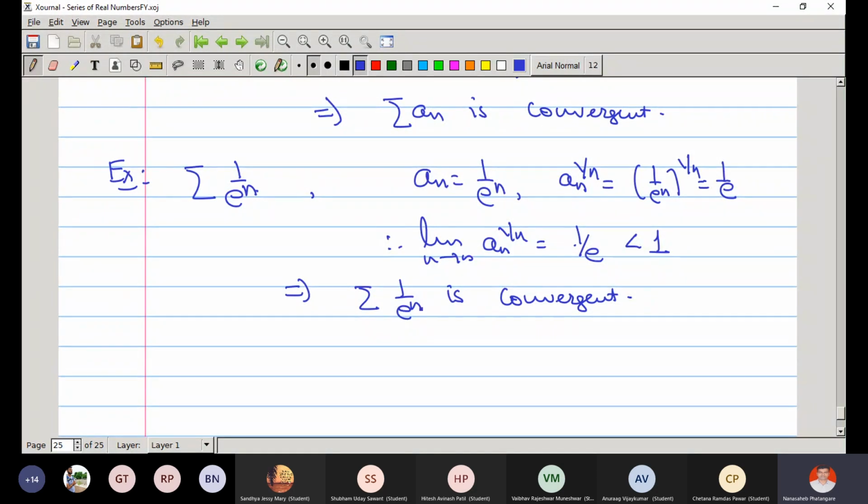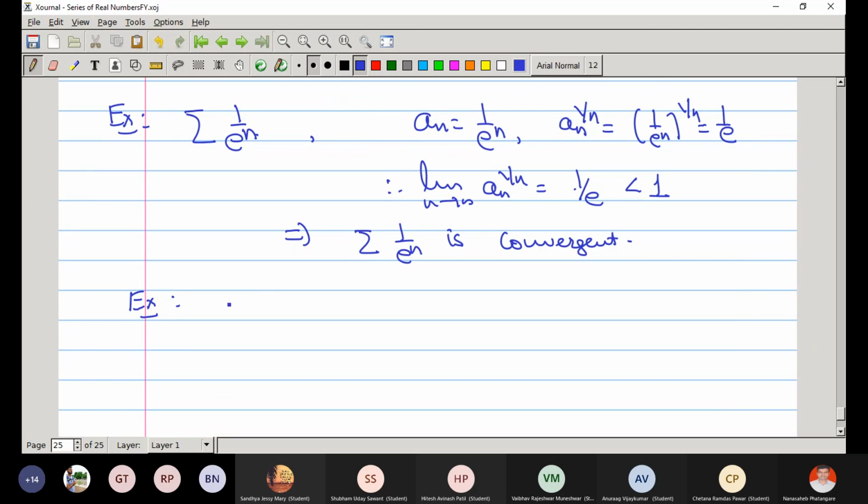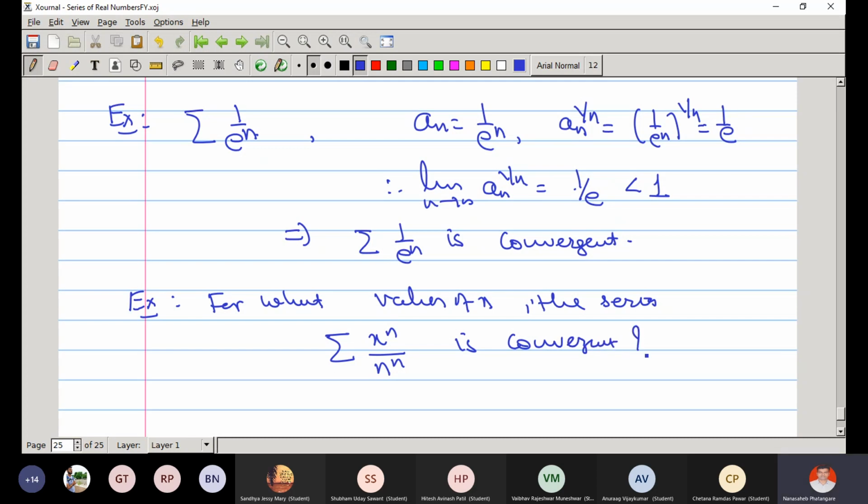So for example, there is one more test, but for what values of x is the series x to the power n upon n to the power n convergent? So for what values of x will this converge?